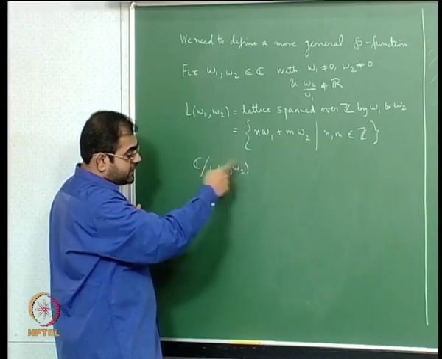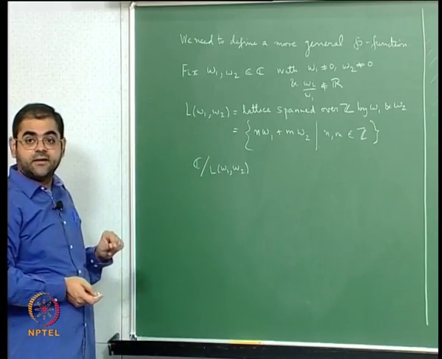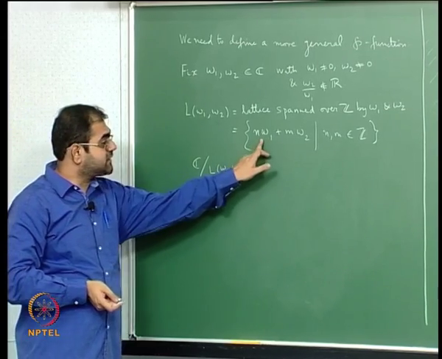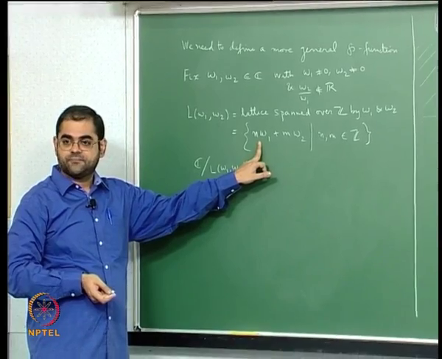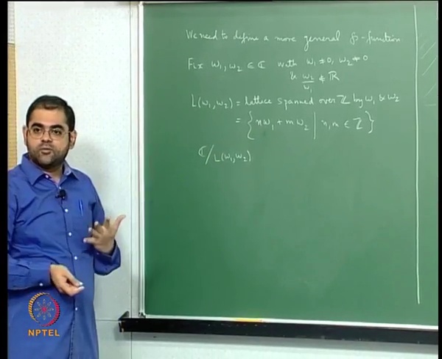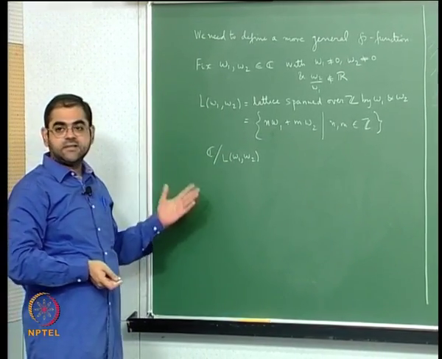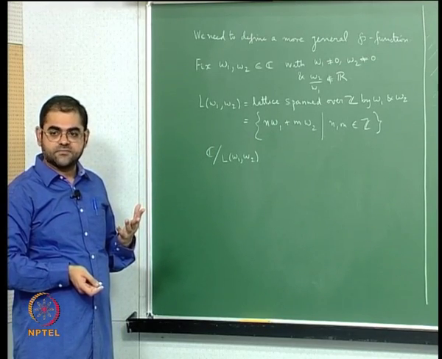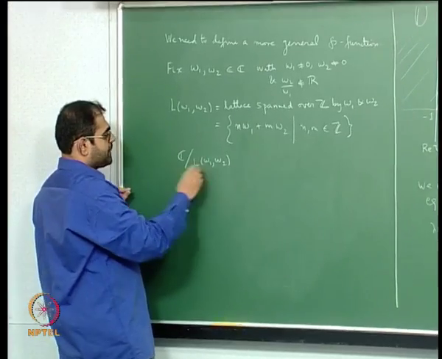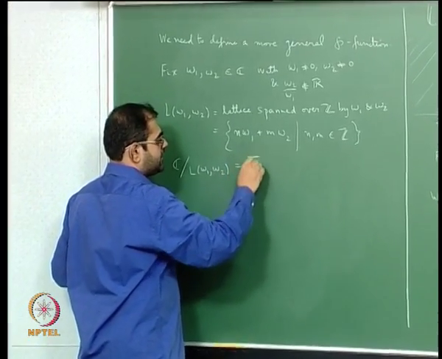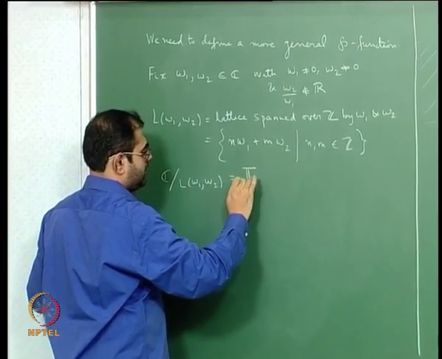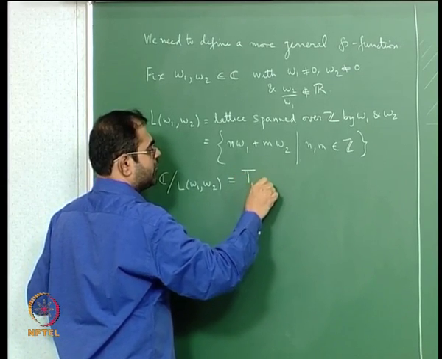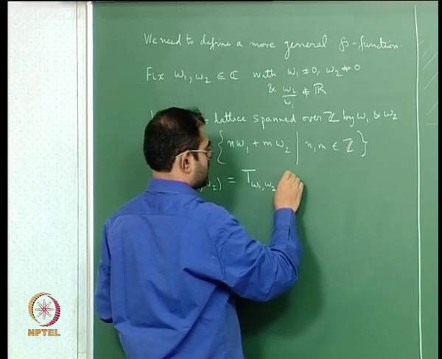In other words, you are thinking of the lattice as the group of Mobius transformations that act by translation by elements of the lattice, and then you are going modulo that group. What is the result? The result is again a complex holomorphic torus, it is a Riemann surface, okay. So this what you get here is the torus T sub omega 1 comma omega 2, a complex torus, okay.